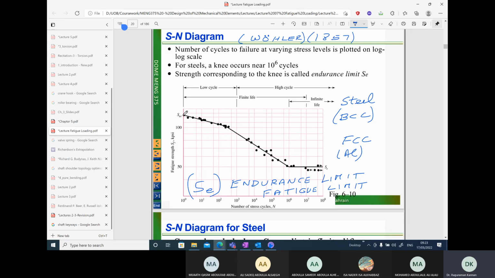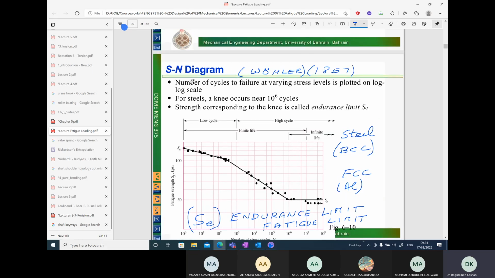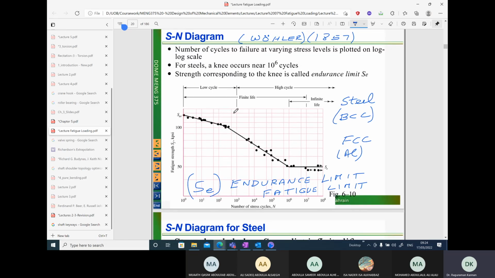Now in the SN diagram you can see various regions from 1 to 1000 cycles. Up till this 1000 cycles, it is called low cycle. If we are within this range, we better not follow the stress life method. Remember, the SN diagram here is for the stress life method, so we will not use any equations from the stress life method within this region. If the failure region is between 1 to 1000 cycles, we need to use the strain life method, a more accurate method.